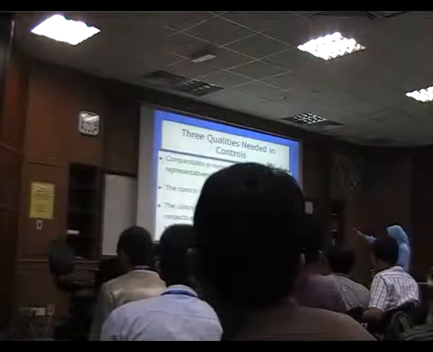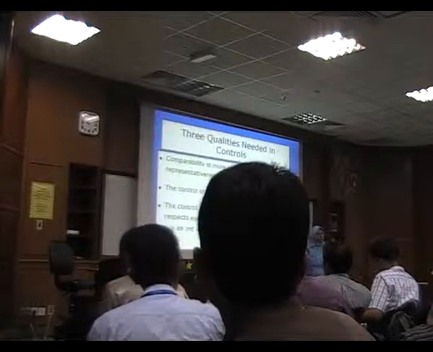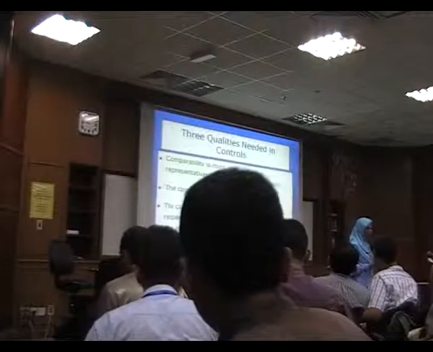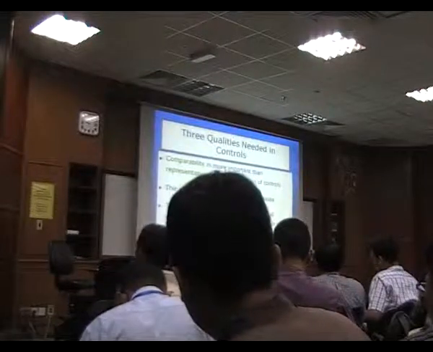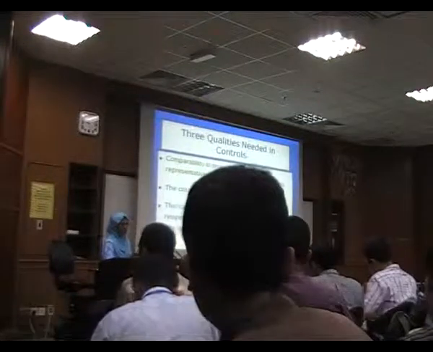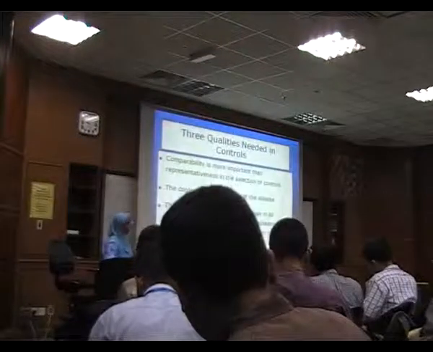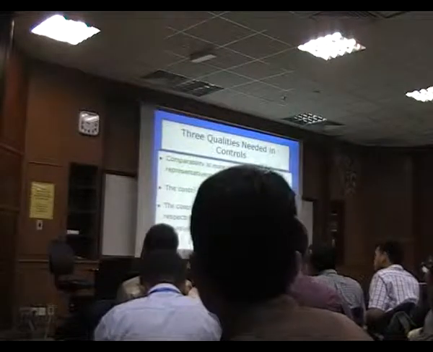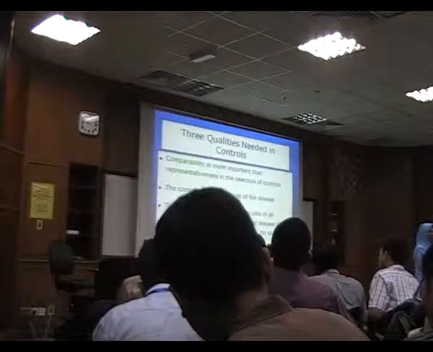And they should be at risk of the disease, so that anytime they can also suffer from lung cancer. Control should resemble the cases in all respects, except for the presence of disease. Resemble means similar. Control should be similar to the cases, except one criterion: without the disease.